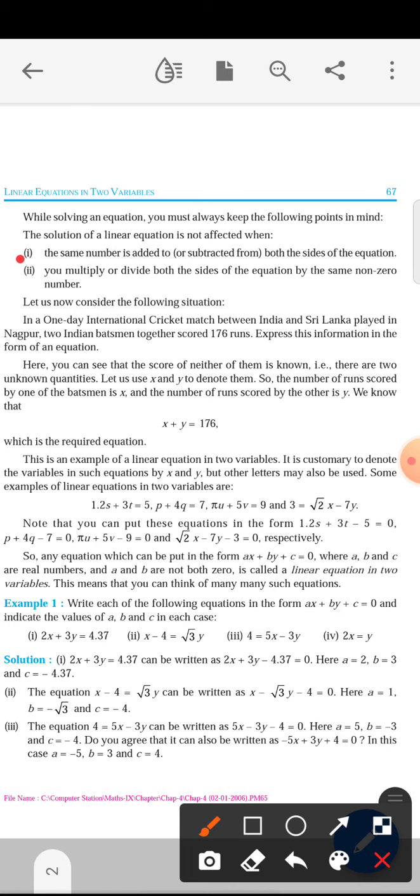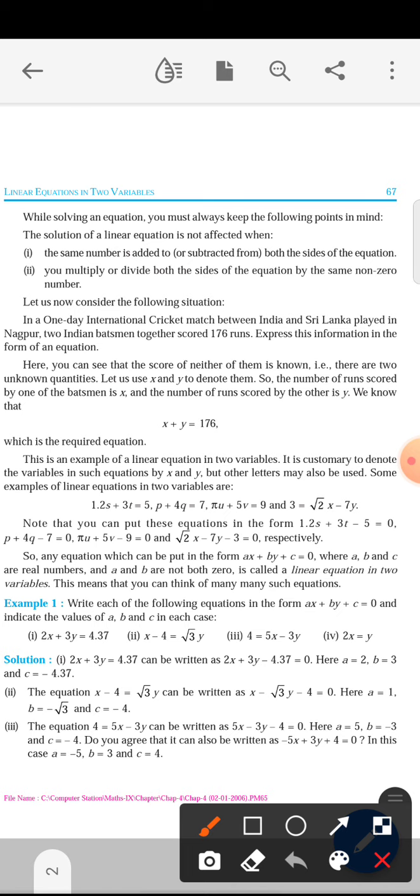Okay, after these two conditions, the linear equation does not vary, it has similar values. So after these two we can say that the linear equation is similar to the previous one.